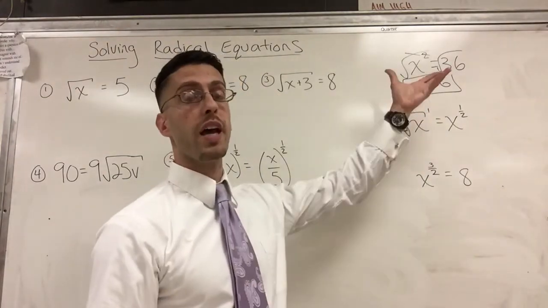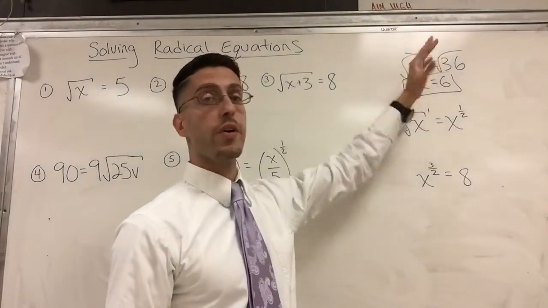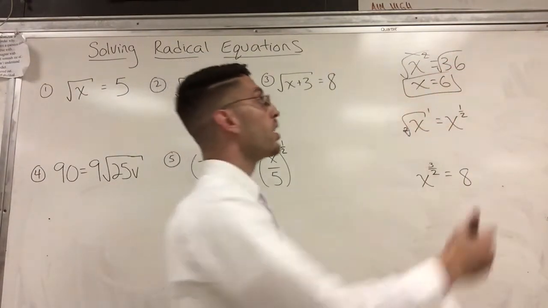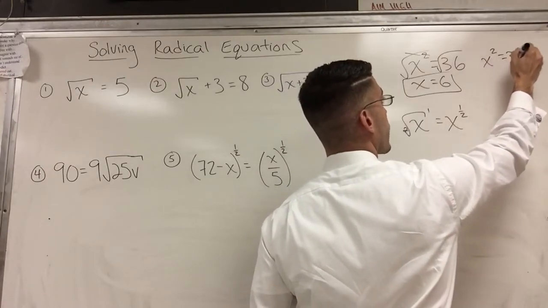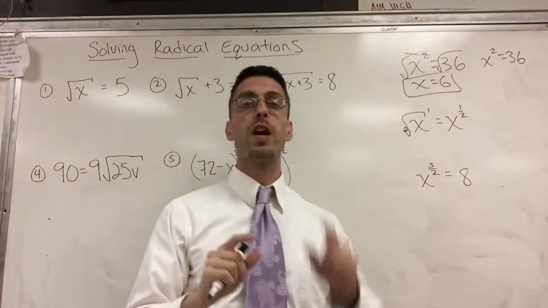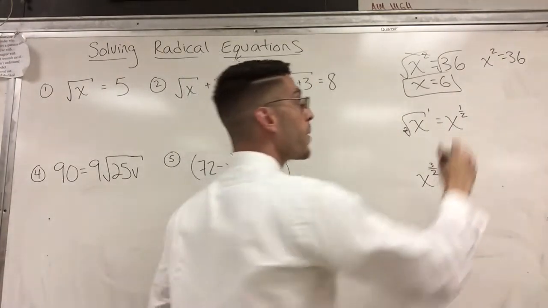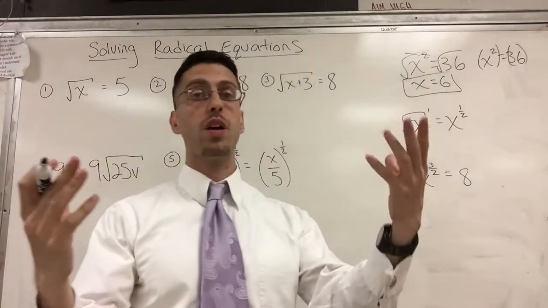If you understood that, then you should understand why you're allowed to do that. A square and a square root are inverses of each other, and here's why. I'm going to rewrite that. X squared equals 36. Instead of taking the square root, I'm going to raise both sides to the 1/2 power. Of course, whatever you do to one side, you have to do to the other side.